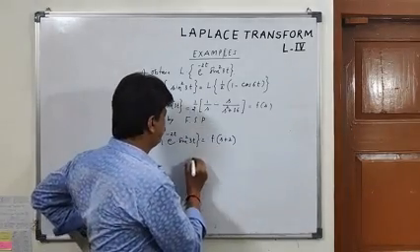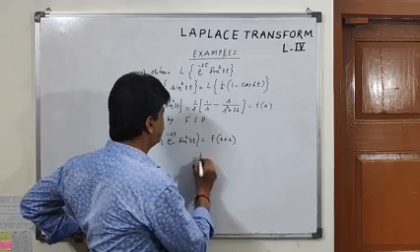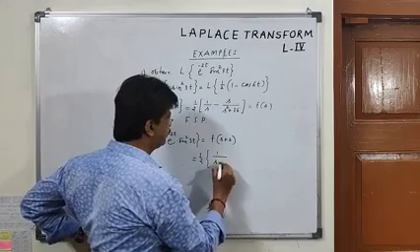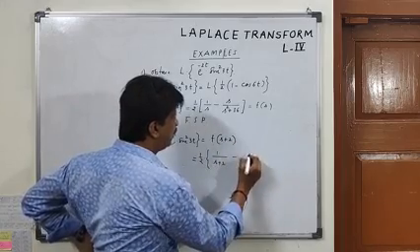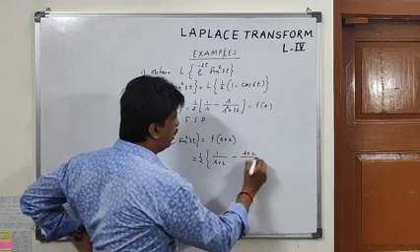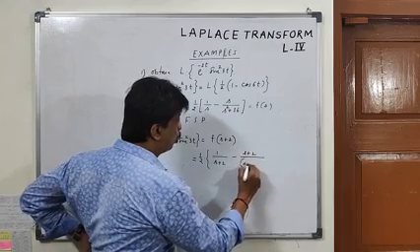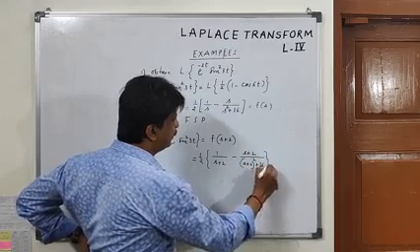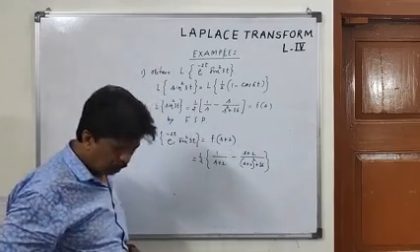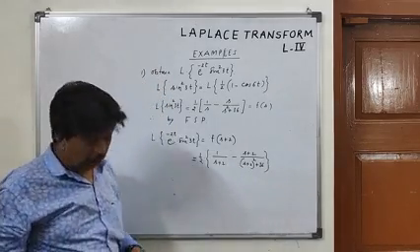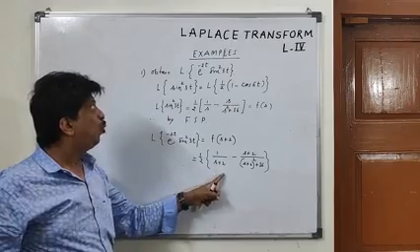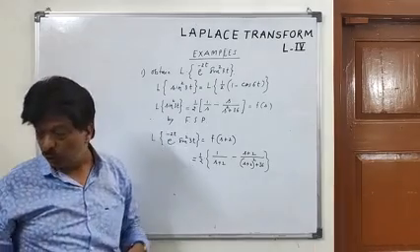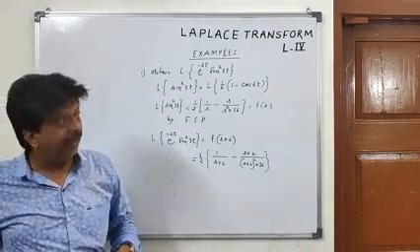So that is equal to 1 by 2 times 1 upon s plus 2, minus s plus 2 upon s plus 2 whole square plus 36. So this is the required Laplace transform of e raised to power minus 2t into sine square 3t.